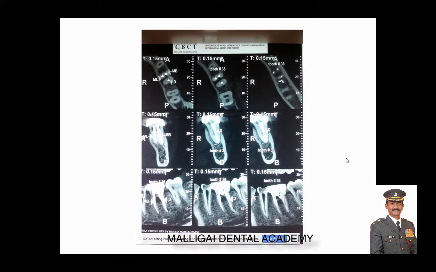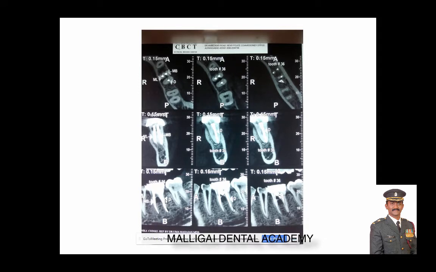If you see image 1 in this CBCT, you can see the MB, ML and the distal of this mandibular molar, well obturated in three dimensions. You can see that it is well obturated at each and every level. See the top three images. However, when you see the other image, very clearly you can see a furcal radiolucency between the MB and the distal.